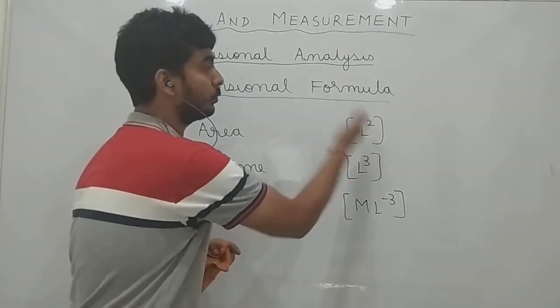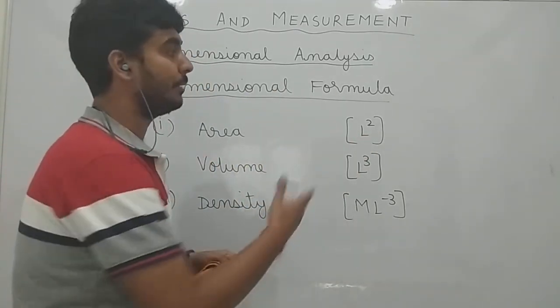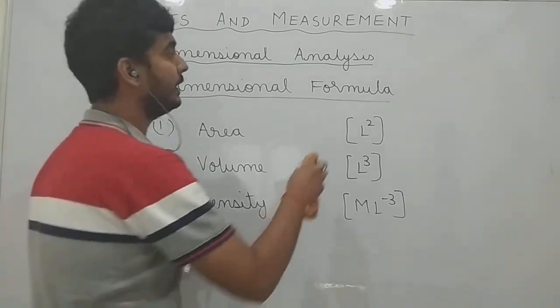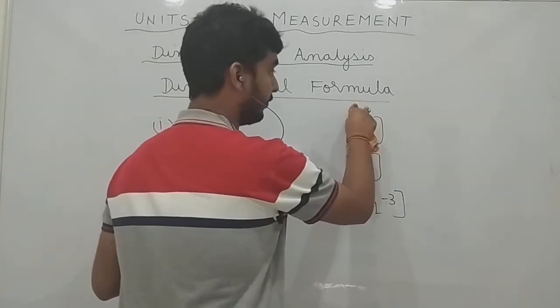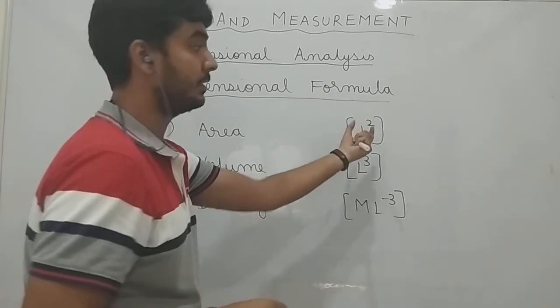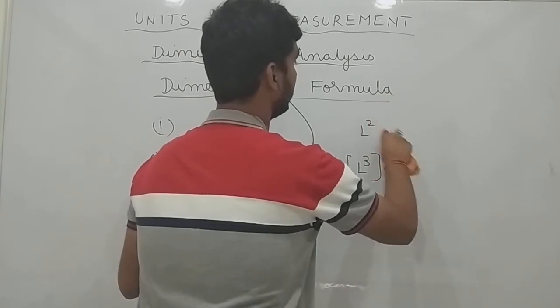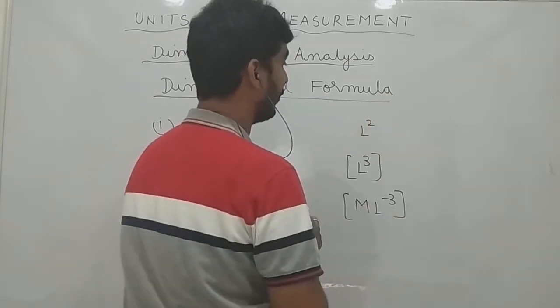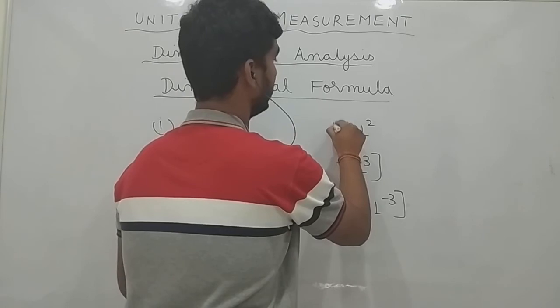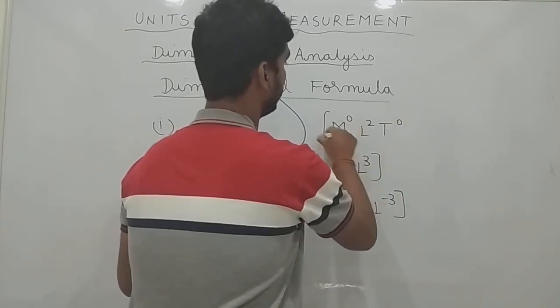Suppose area does not have dimensions of mass and time, so their powers will be 0. If we want to introduce the dimensions of mass and time also, their powers will be 0. So the dimensions are M to the power 0, L square and T to the power 0.